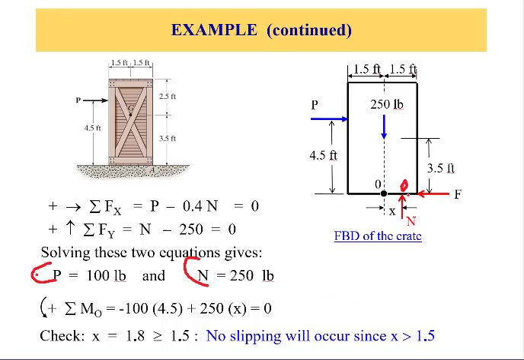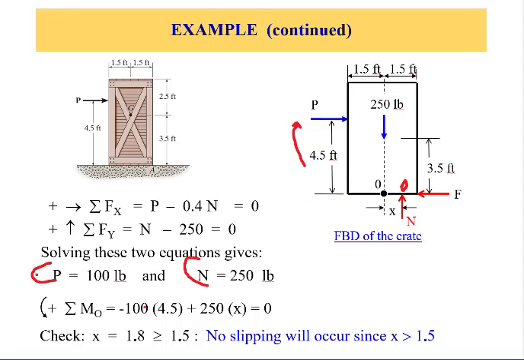So applying the moment, we have to calculate the moment of the weight and the moment of the P. The moments of N and F are zero because they intersect with O. By doing that, we have the moment of the P, which tends to rotate the object clockwise, so it's negative 100 by the distance 4.5.